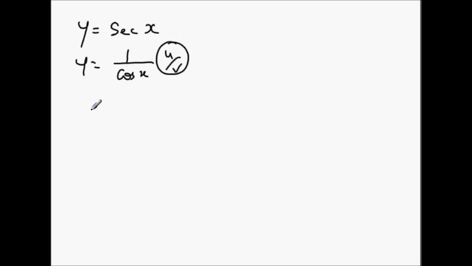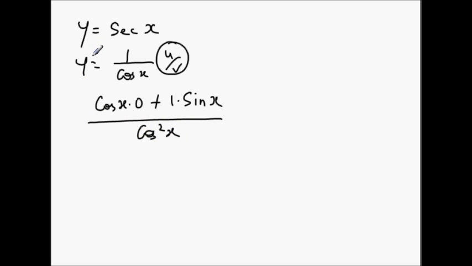Next, let's move on to functions of the form y equal to secant x. How do you find the derivative of secant x? y can be written as 1 over cos x, and you can use the quotient formula for this. So it would be cos x times 0 minus 1 times the derivative of cos x, which is minus sin x, so that becomes plus sin x over cos squared x.